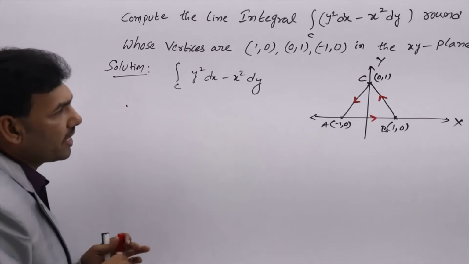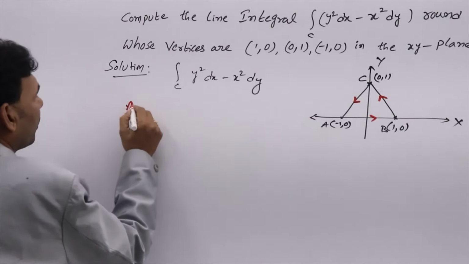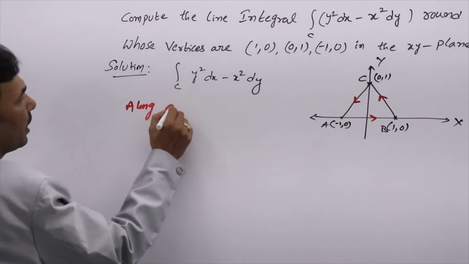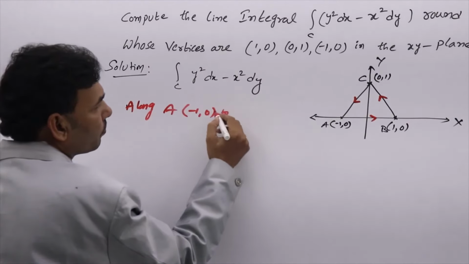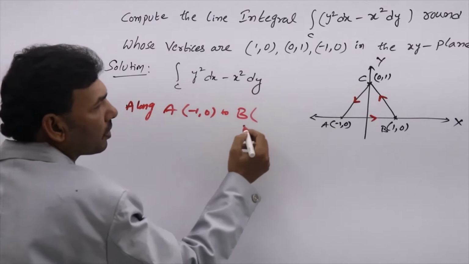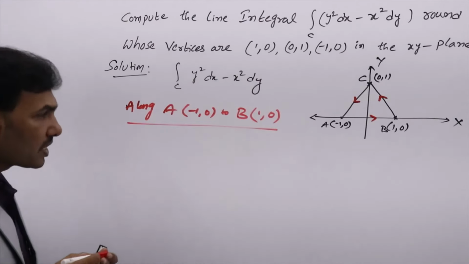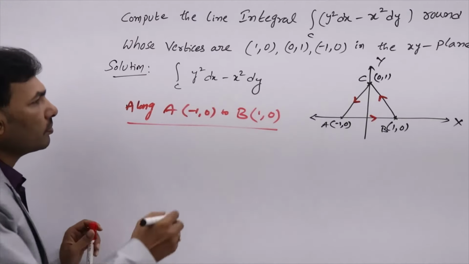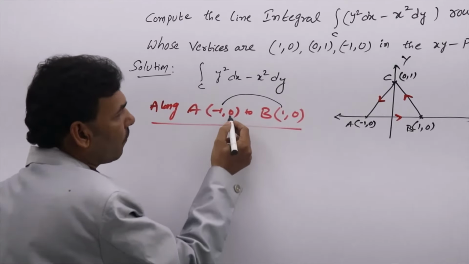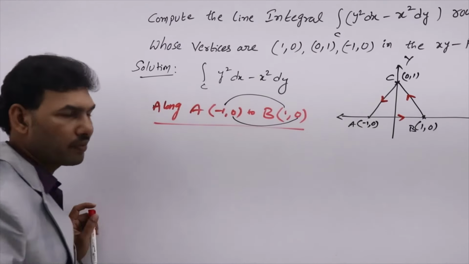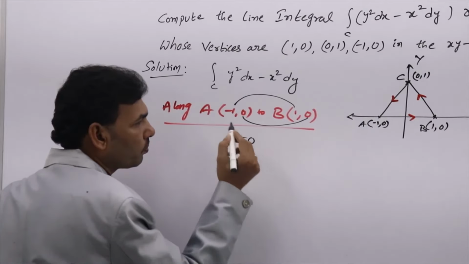First I am taking the direction along AB, from A (minus 1, 0) to B (1, 0). If you observe this direction, the x coordinate is varying, but the y coordinate is not varying. The y coordinate is constant, y is 0.